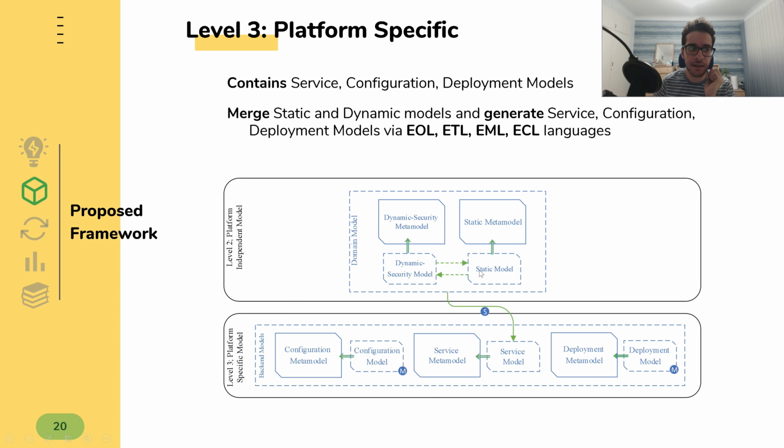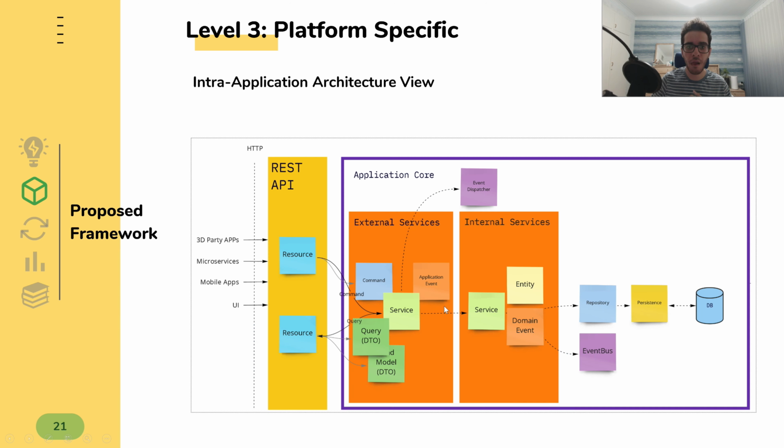Level 3 is platform specific, and the framework merges PIM models and generates the service model. The user can create deployment and configuration models too.